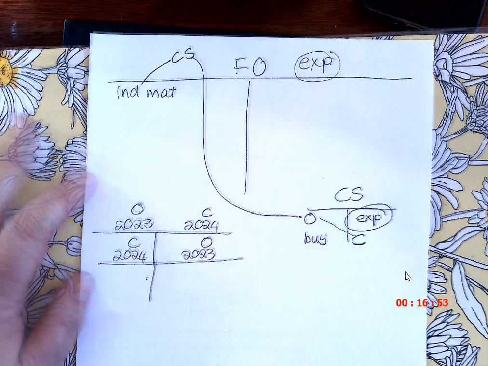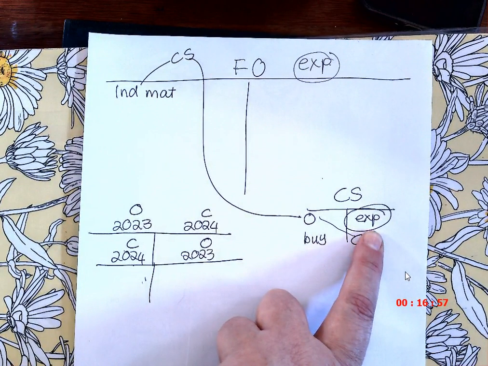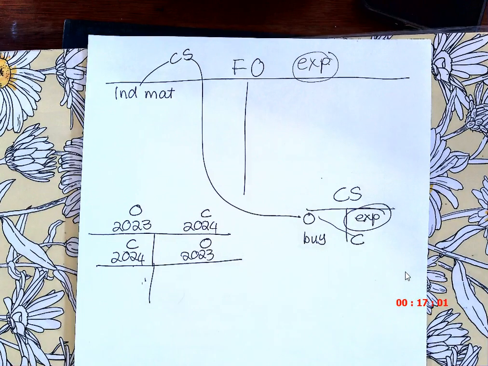Okay. Now, if I do this, why do I only say expense there? Because if they say, let's say, there where they give balances, they most usually give balances for direct material, work in process, finished goods, indirect material, consumable stores. If they tell you this is indirect material for the factory, then they must tell you it's only the factory.